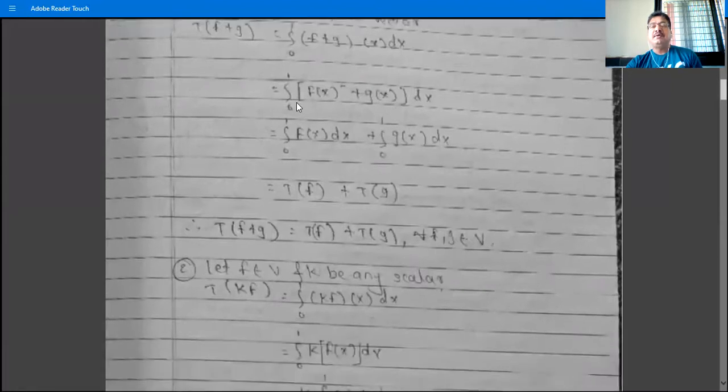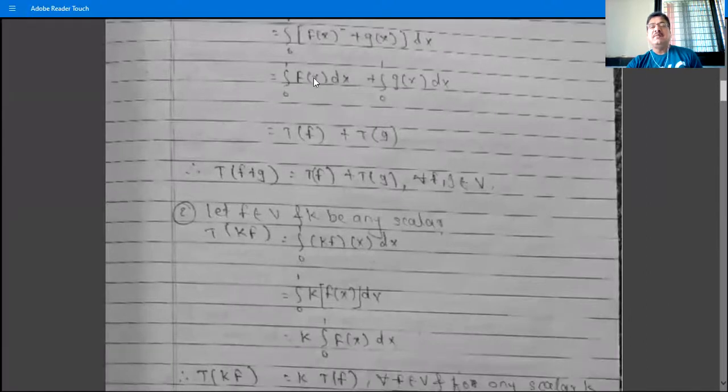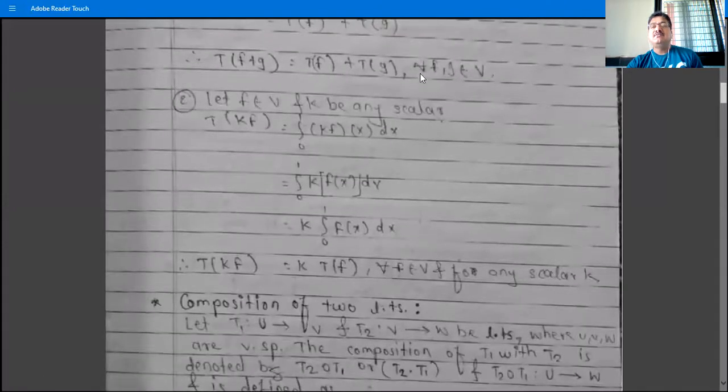And by using the property of integration, we know that integration distributes over addition. So integration of u plus v is integration of u plus integration of v. So integration of f(x) plus g(x) dx is integration of f(x) plus integration of g(x). And this is T of f, and this is T of g. So T of f plus g is equal to T f plus T g for all f and g.